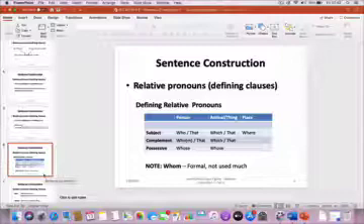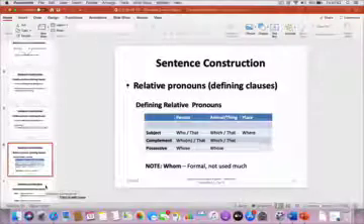To show possession, we use whose for both people and for animals and things. Whom now is considered very formal and it's not really used. You will find it in some formal documents or in formal situations, perhaps in a court case, but it's not really used by the ordinary public, by the general person.